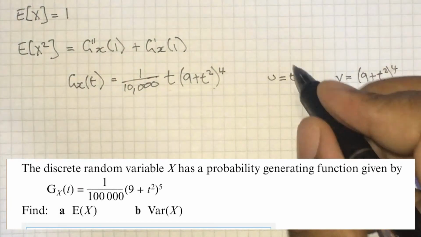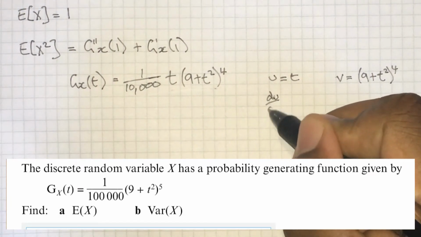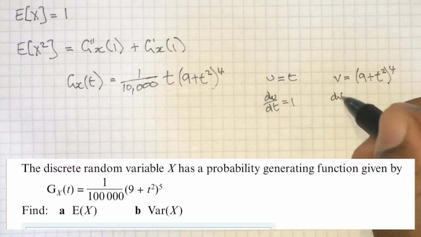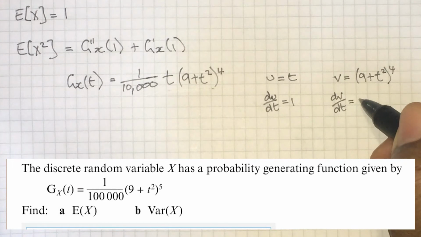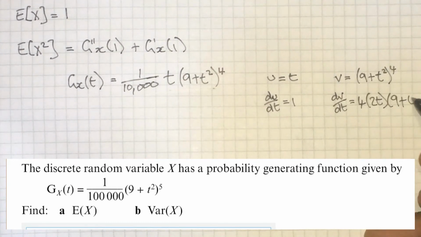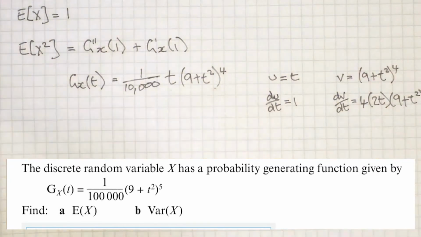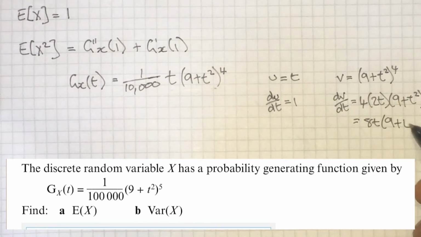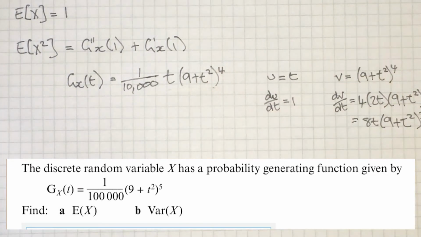Okay, differentiating t, we get a value of 1, du dt is 1, and differentiating v, we get 4 times the derivative of the bracket multiplied by the bracket to a reduced power. Okay, dv dt is, if we were to simplify, 8t times 9 plus t squared to the power of 3. Actually, this should be g dash.